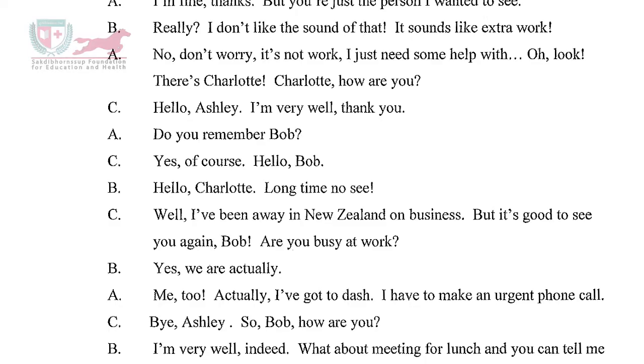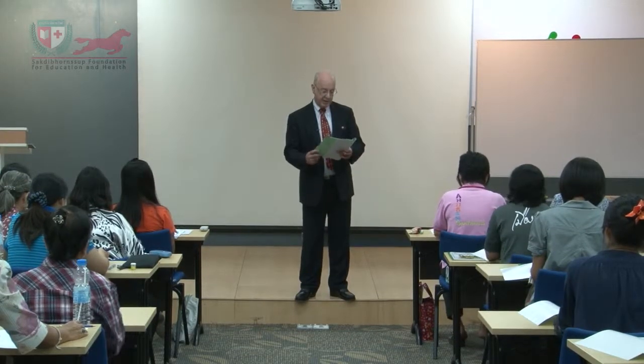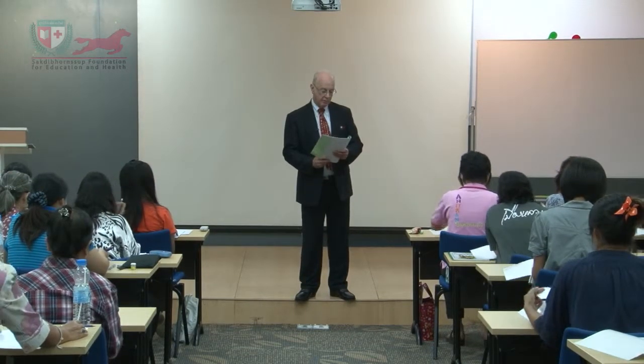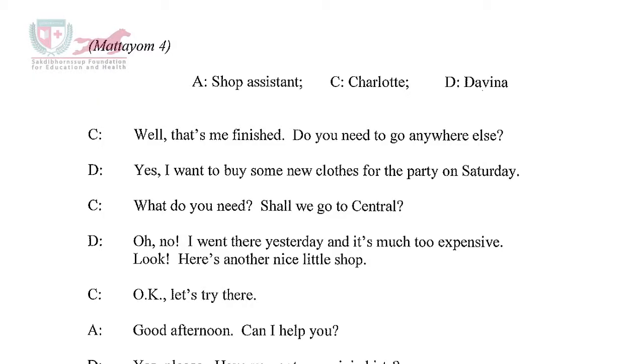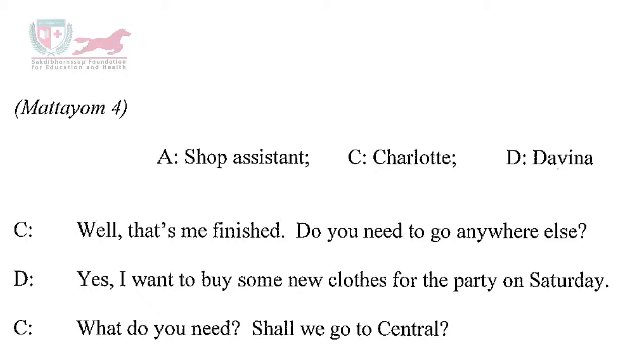The second one, if you look at the next page, we've got a dialogue which I wrote for a Matthayom 4 class. The first few in here are ones that I wrote for students, for Thai students in Thai schools. Okay? So this second dialogue for a Matthayom 4 class, we've got A, C, and D here.